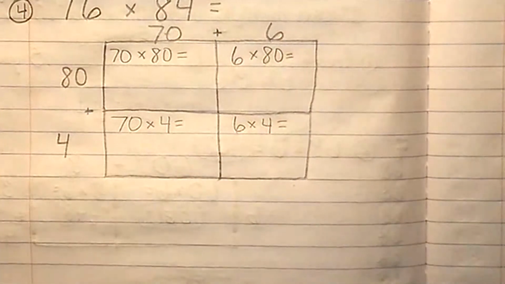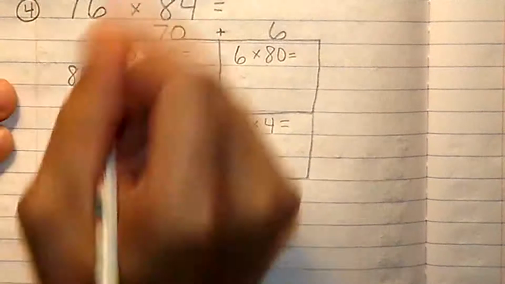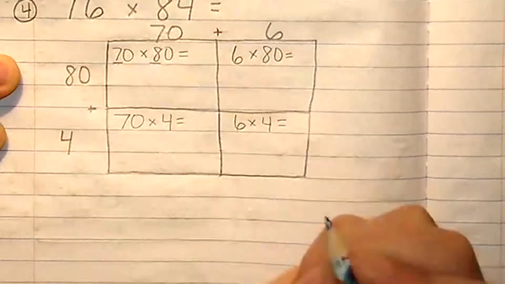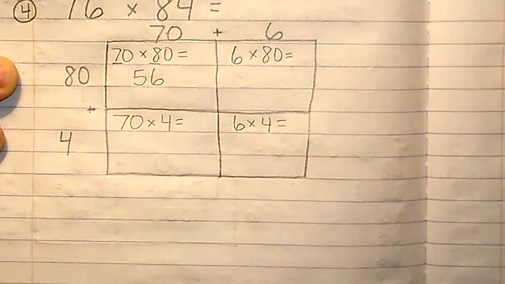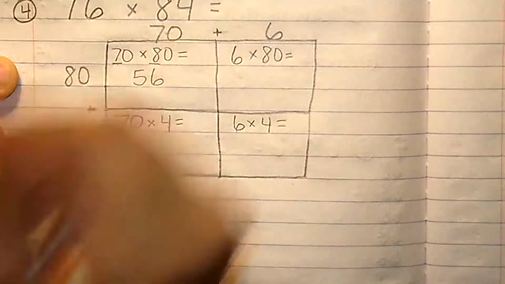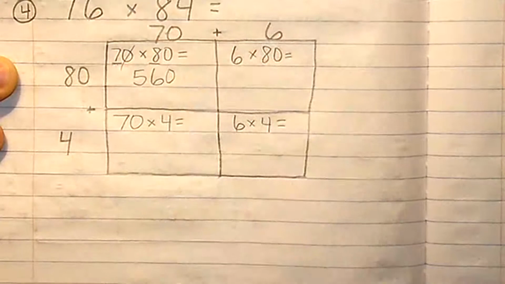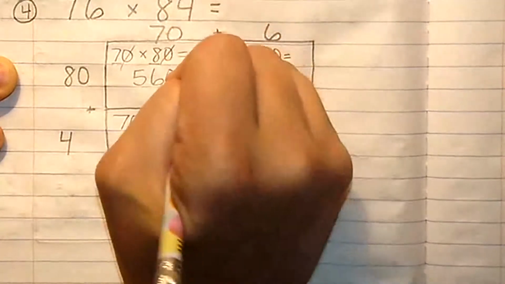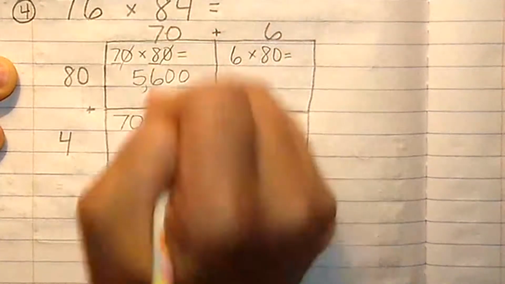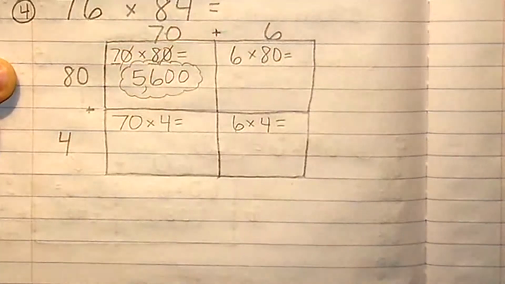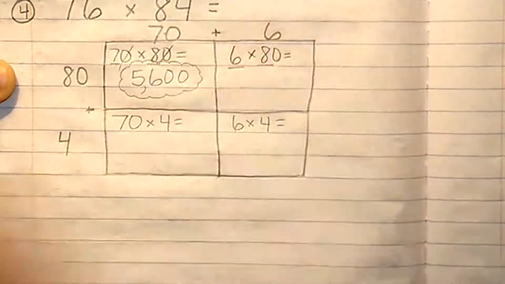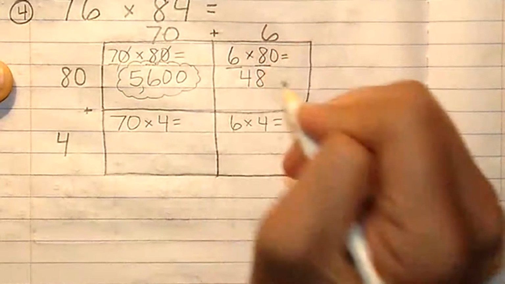Now if I have a number in every box, I'm ready to multiply. This is a hard one. What's 7 times 8? 56. 7 times 8 is 56. I'm going to make it 10 times bigger, and then 10 times bigger again. And 5,600 is part of my partial product. It's part of my answer. What is 6 times 8? 48.